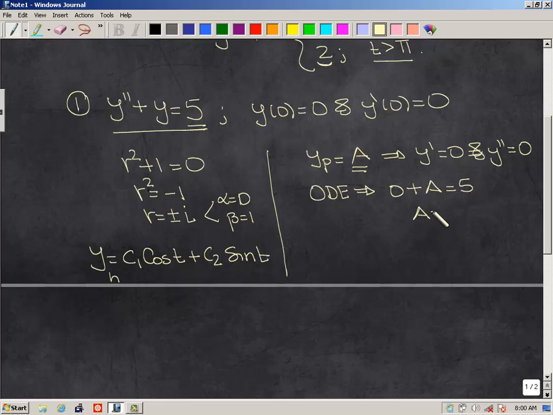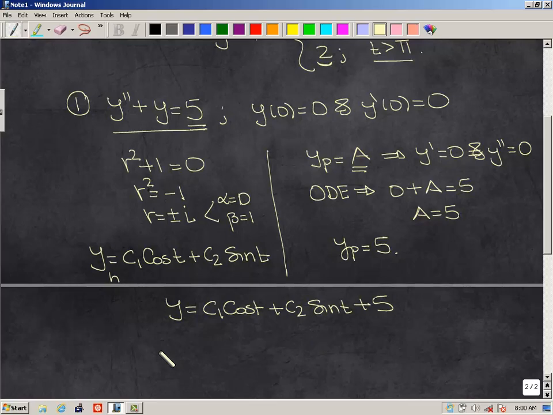So we get A is equal to 5. So my particular solution is just going to be 5. So my general solution for this first part is C1 cosine of t plus C2 sine of t plus 5.